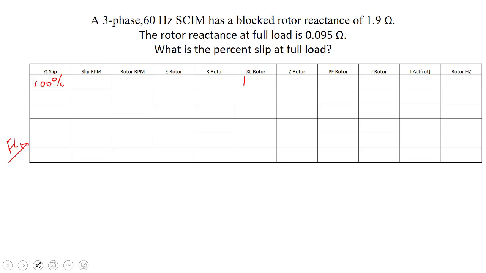So at blocked rotor, we're at 1.9. At full load, the reactance has dropped down to 0.095. Same formula: XL at full load would be equal to XL blocked rotor times my percent slip at full load. So we're going to determine the percent slip at full load.